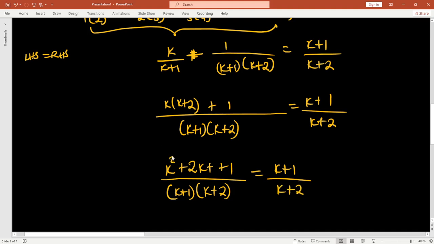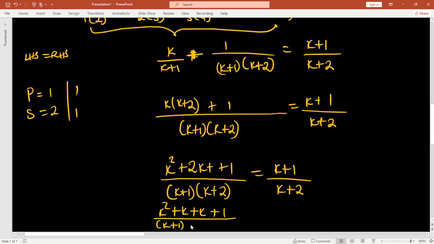Now, the numerator on the left hand side is a quadratic expression, so you can try to factorize it. We know that our product is 1 and our sum is 2. Two numbers we can multiply to get 1 are 1 and 1, and if you add 1 and 1, you get 2. So if we factorize this, we have k squared plus k plus k plus 1 divided by (k plus 1)(k plus 2) equal to k plus 1 divided by k plus 2.